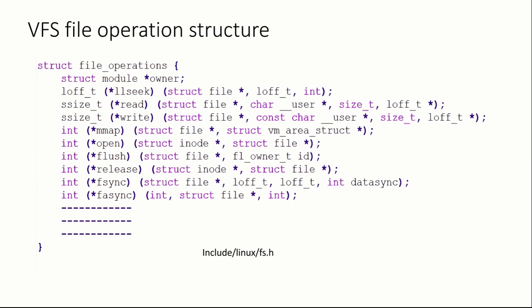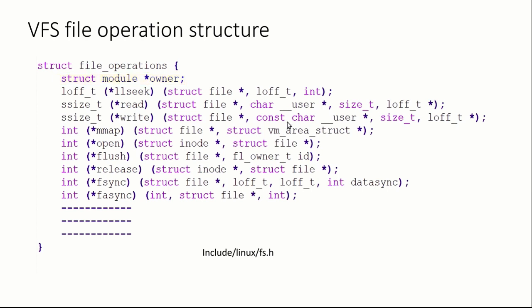All these function pointer variables need to be initialized with your driver's file operation methods. We'll not be using all the member elements here, so we'll be using open, read, write, and lseek for this exercise. And look at the first member element, that is struct module owner. This again needs to be initialized with the macro THIS_MODULE.